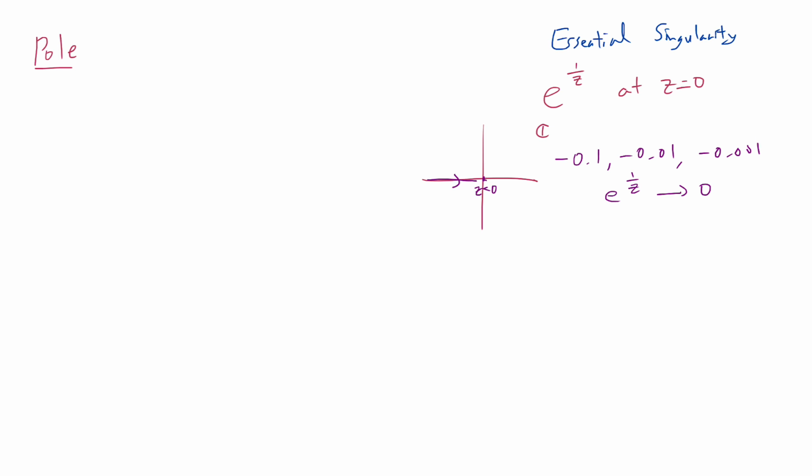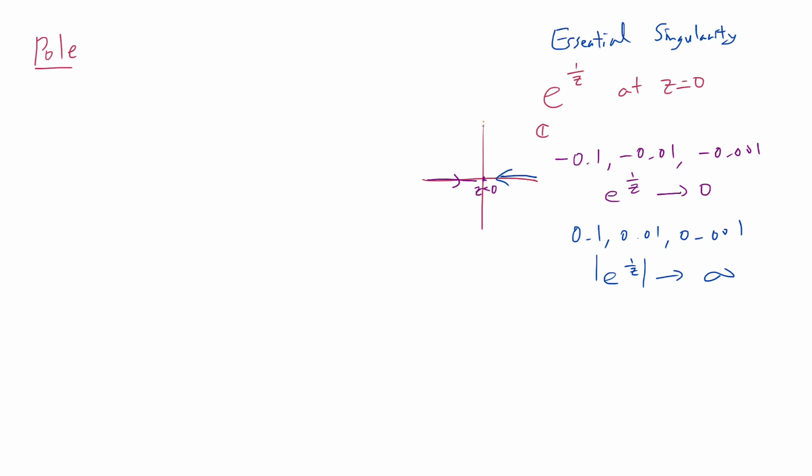that's going to go to 0. On the other hand, when I approach from the positive real axis, 0.1, 0.01, 0.001, then e to the 1 over z blows up to infinity in magnitude. Let's do one more.